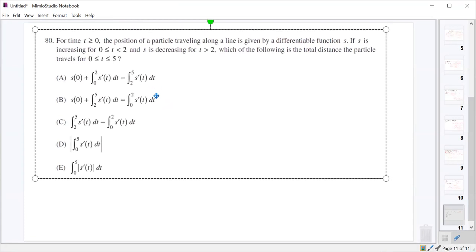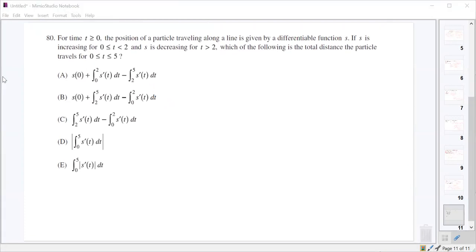All right, we got the position of a particle is S. S is increasing from 0 to 2 and decreasing for 2 to infinity. We want to know the total distance the particle travels from 0 to 5. Well, total distance should be an integral of speed.